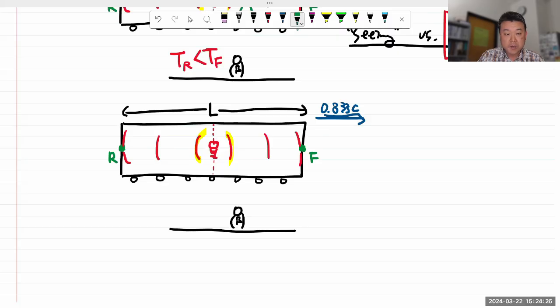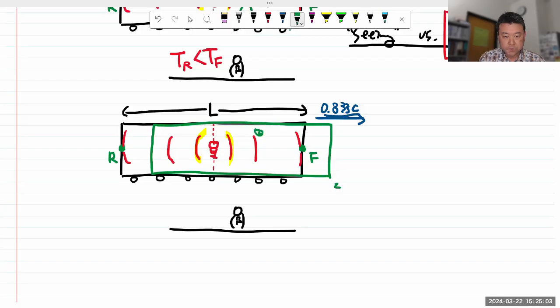Let's say in the amount of time that light travels to somewhere here, about halfway, the train has moved. I'm trying to draw it to scale. Maybe something around here, it'll have moved to a position like this, from snapshot 1 to 2. This will be the position of the train in snapshot 2.